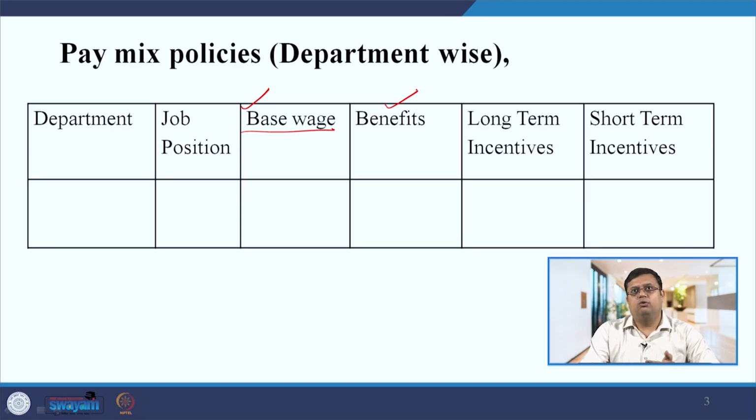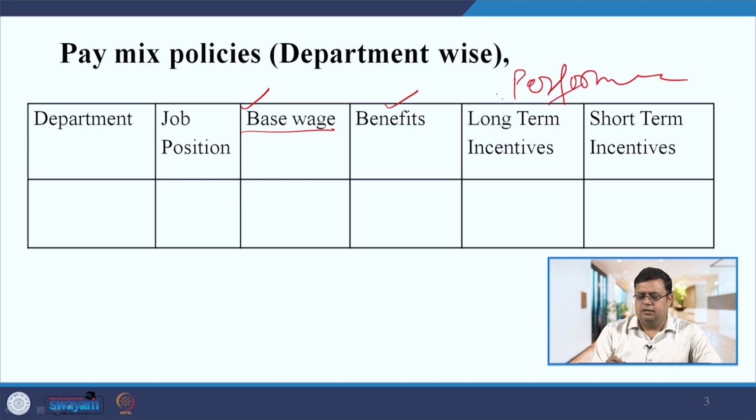Or separately you can write the benefits, and then short term incentives and long term incentives, based on performance. If your performance is high, then what would be the short term incentives and what would be the long term incentives. And the employee benefits, like sick leaves, paid leaves, earned leaves, and health insurance. Such kinds of benefits are there.